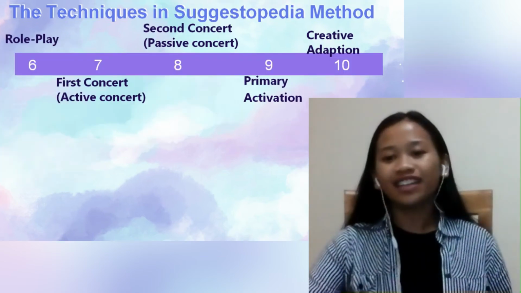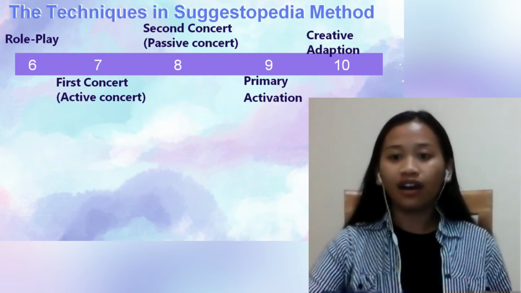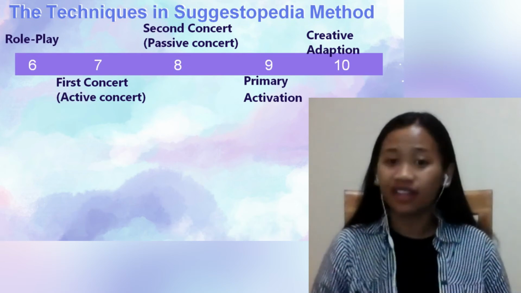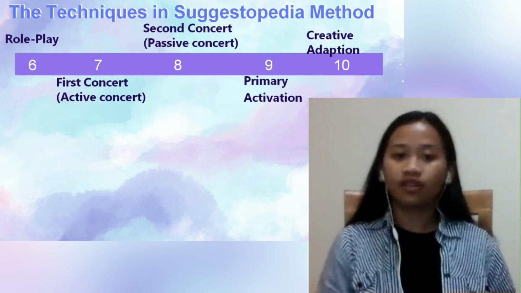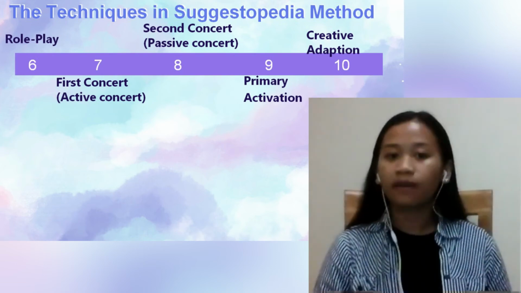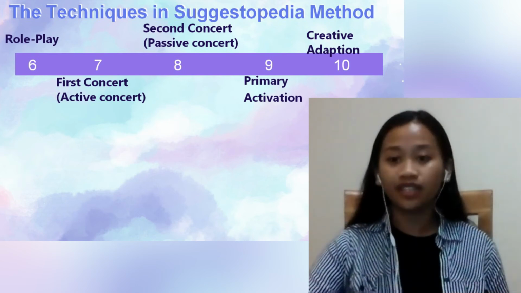And then it's about role play. The students are asked to act as someone else using the target language. And then there are the first concert or active concert, the second concert or passive concert, and then primary activation.